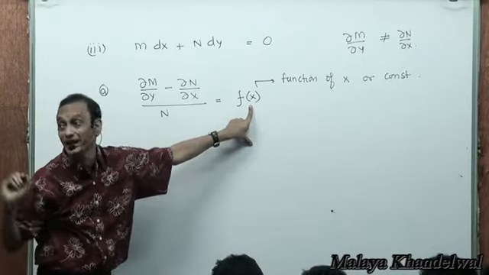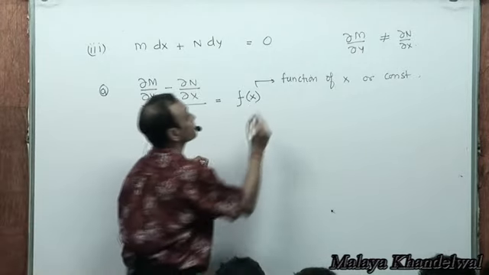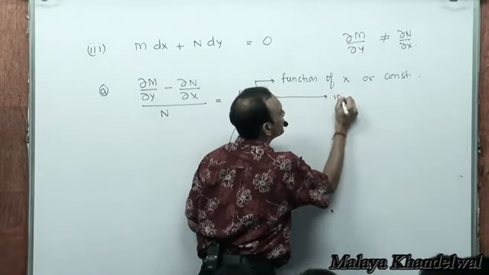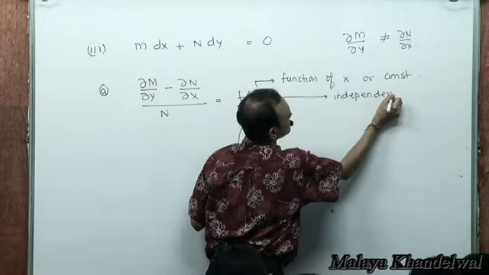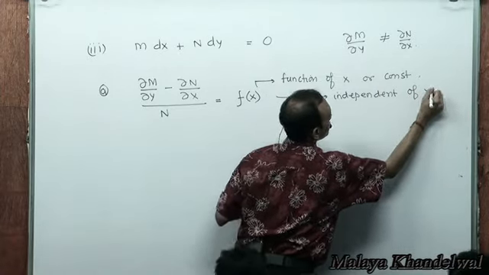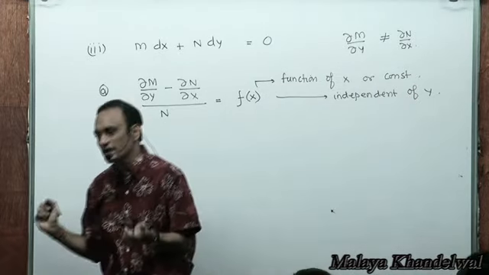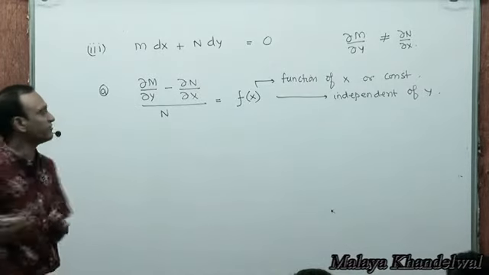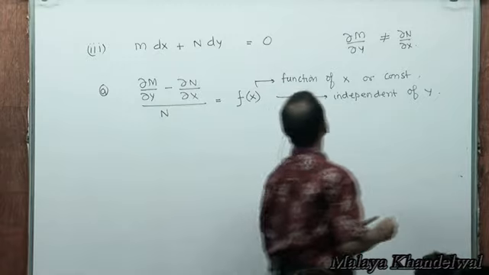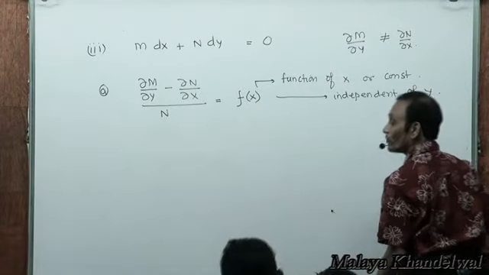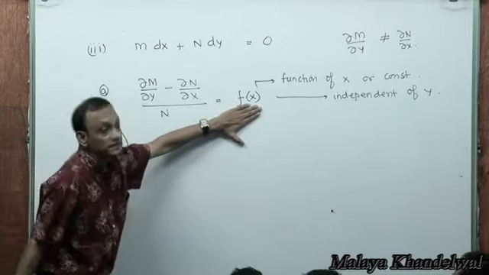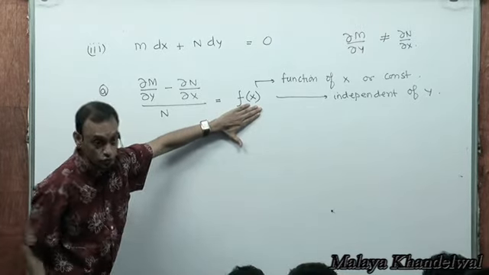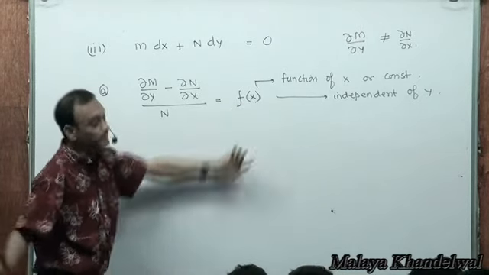If this turns out to be independent of y, then you can call it f(x). Even though it could just be a constant, you would still call it f(x).